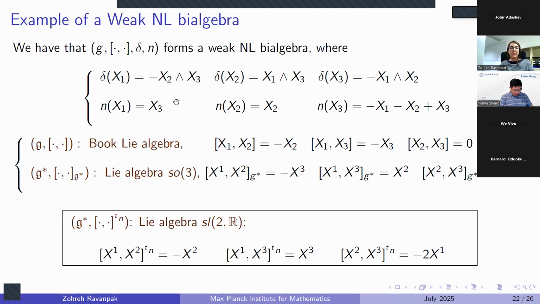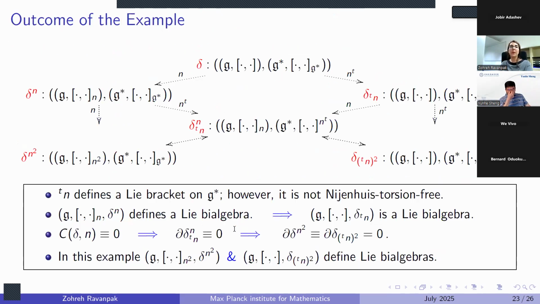Moreover, the transpose of this dual map by means of N transpose defines a new bracket, which we will see is also a Lie bracket on G star, and that is just the Lie algebra of SL2R. So our data is a delta and N on a Lie algebra. With this data, we have this picture of compatible Lie bialgebras.